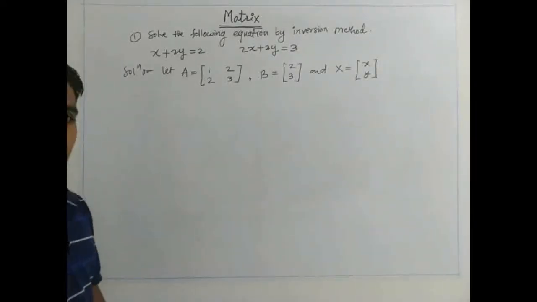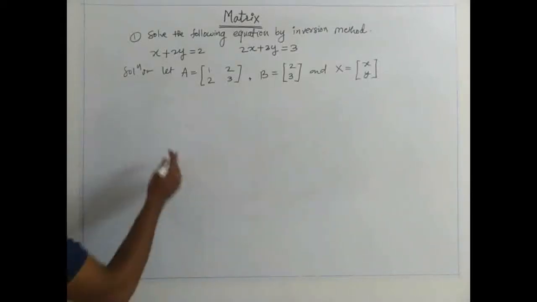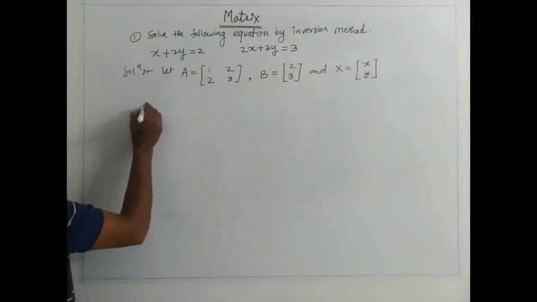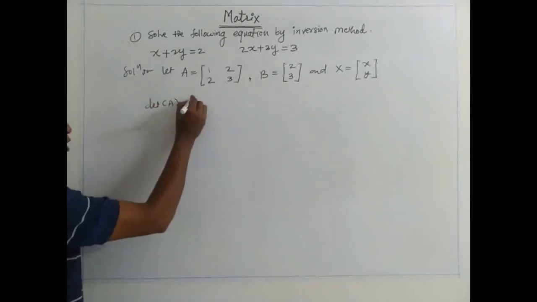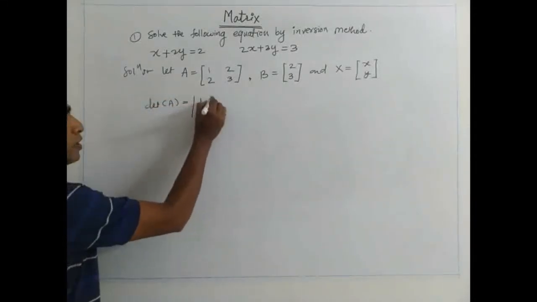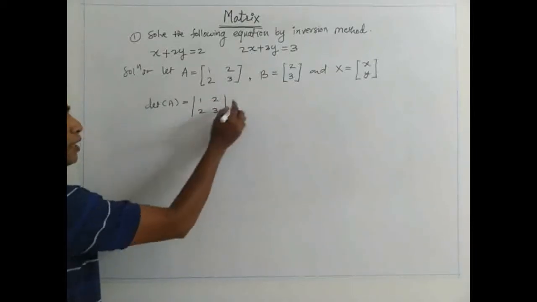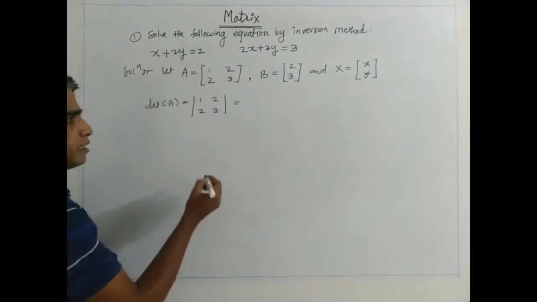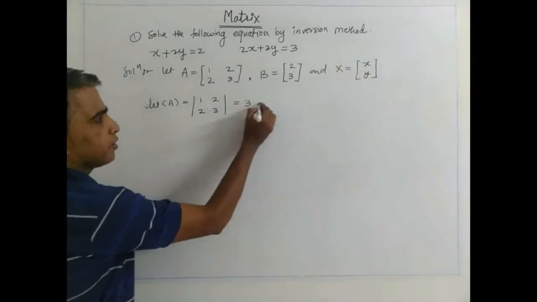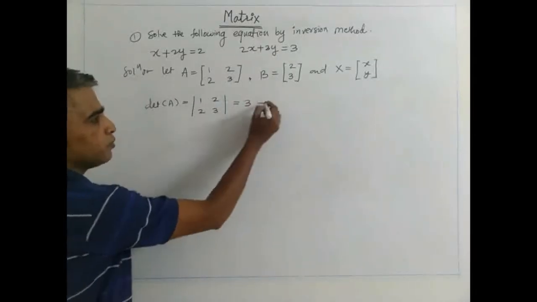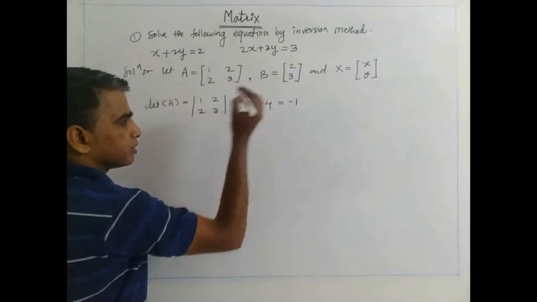Now we have to start with finding A inverse. For finding A inverse, first we have to find the determinant of A. Determinant of A is equal to the determinant with rows 1, 2 and 2, 3. Now this is a 2 by 2 determinant, so expand it. Expansion is cross multiplication: 1 into 3 is 3, minus 2 into 2 is 4, and 3 minus 4 is minus 1.